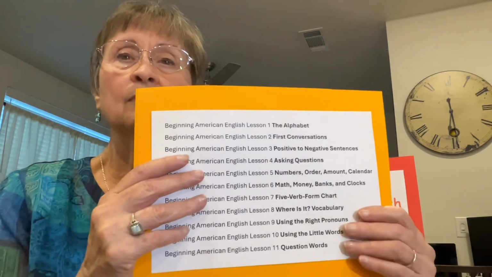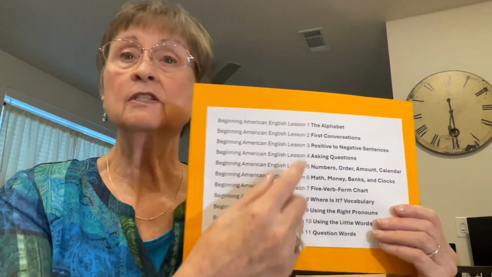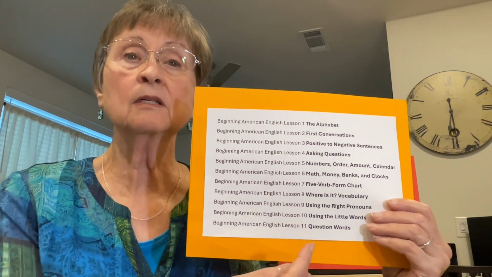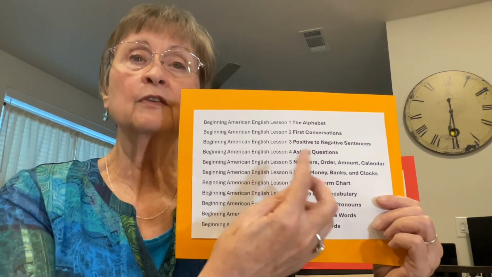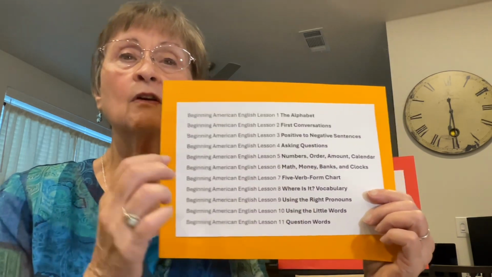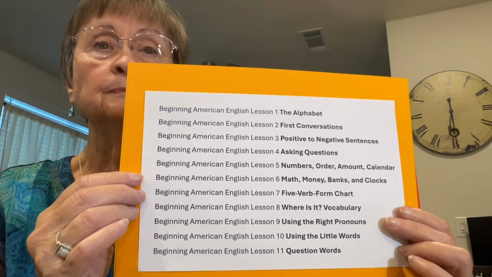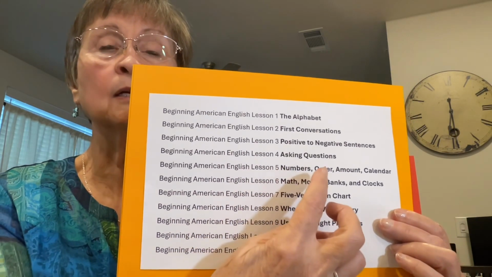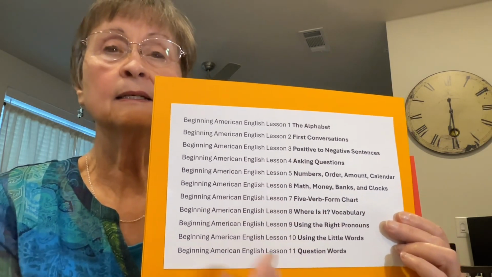And then I have more videos that I called Beginning American English. This is in the series I'm doing this time. I'm doing 11 right now, and it's the alphabet, first conversations. If you've looked at any of those, those are the topics. Notice one is called Asking Questions, and this one is also question words, so they're related.